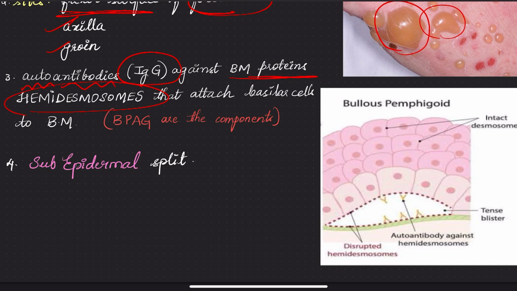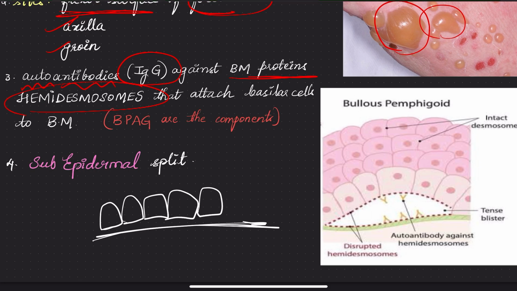Here, for example, I draw this basement membrane. On this, I have the basal layer, cells resting on the basement membrane.